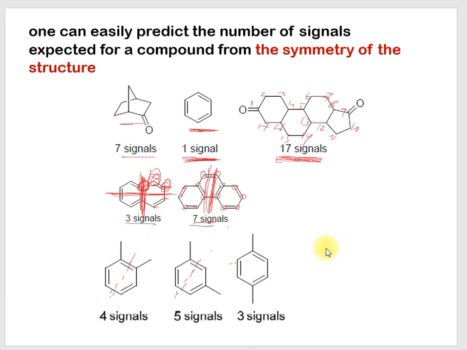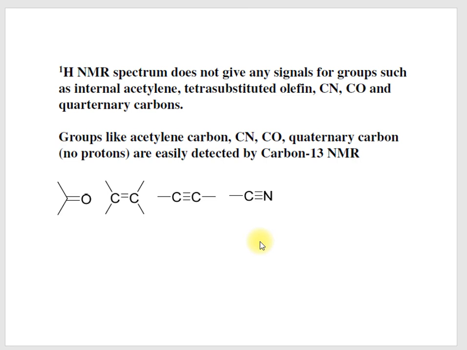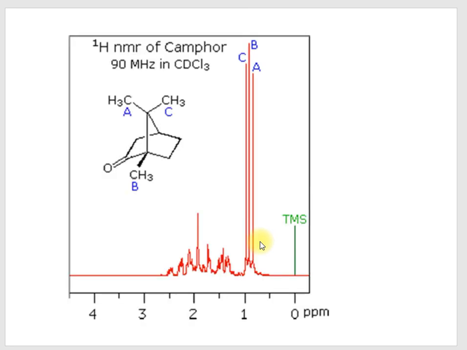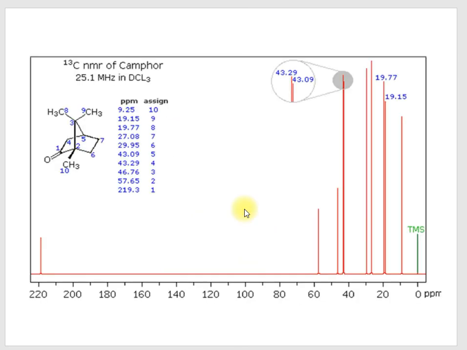Or from the number of peaks and the number of carbons in the formula, you can predict whether the molecule is symmetrical or not. When you compare proton NMR and 13C NMR, you'll find that 13C NMR is much more simple.